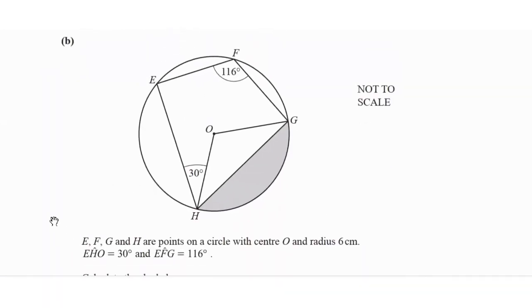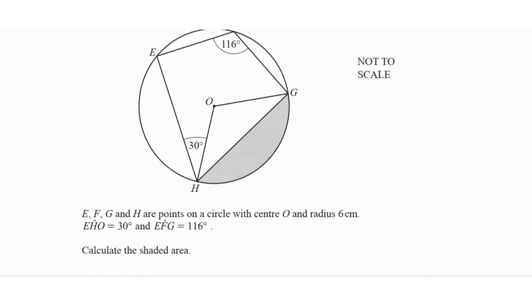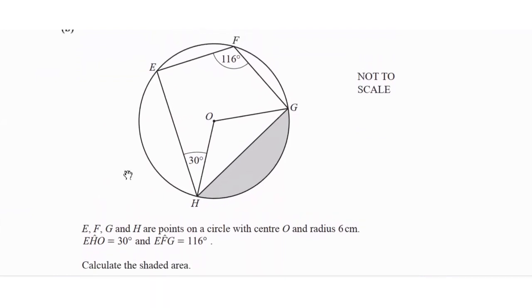The next part says that E, F, G, H are points on a circle with center O and radius 6 centimeters. Angle EHO is given as 30 and angle EFG is 116. Calculate the shaded area.